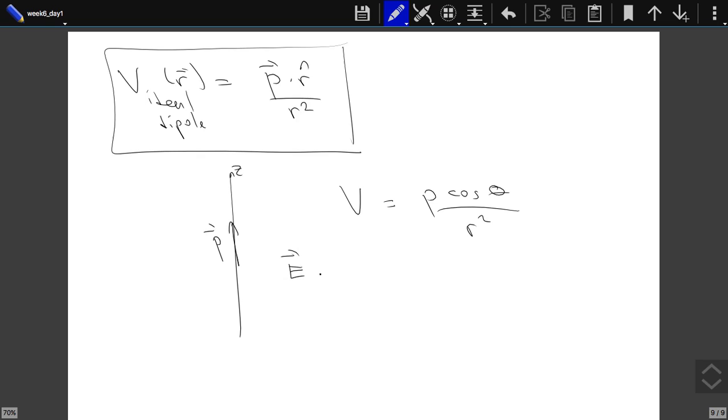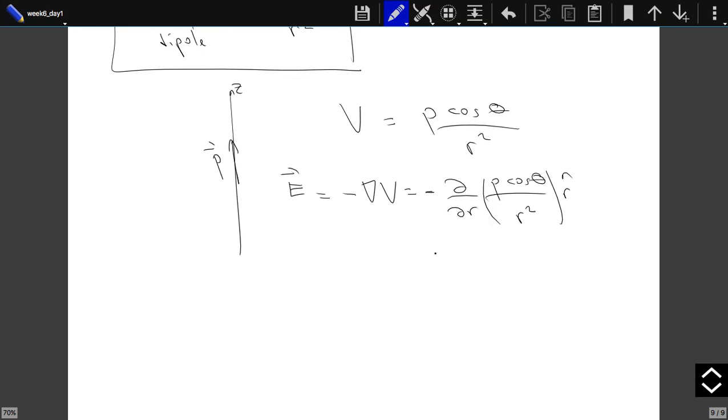Now the electric field is minus the gradient of the potential: minus del over del r of p cosine theta over r squared in the r hat direction, minus 1 over r del by del theta of p cosine theta over r squared in the theta hat direction. There is no phi dependence.